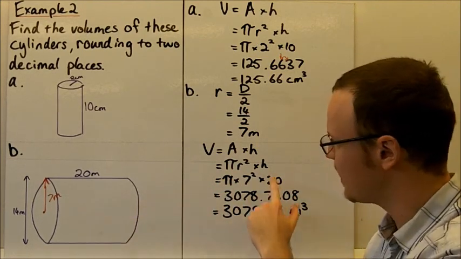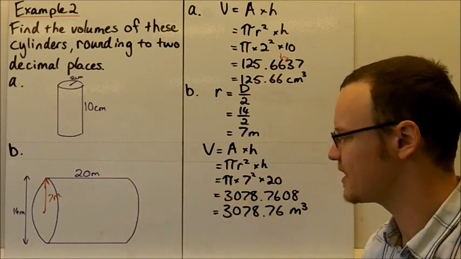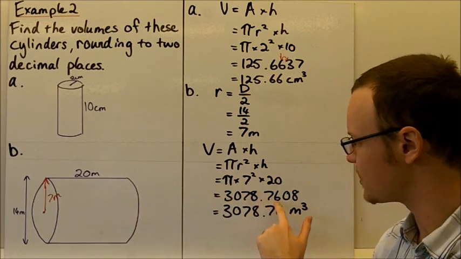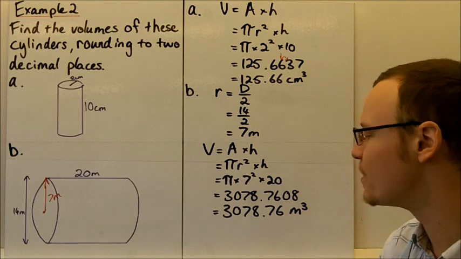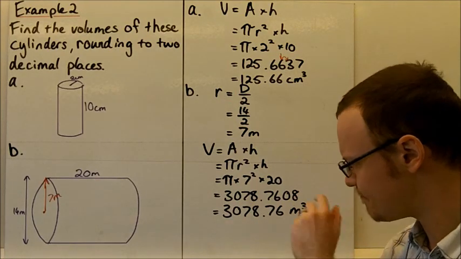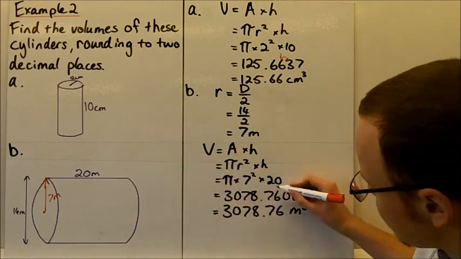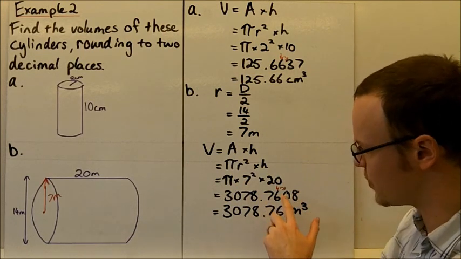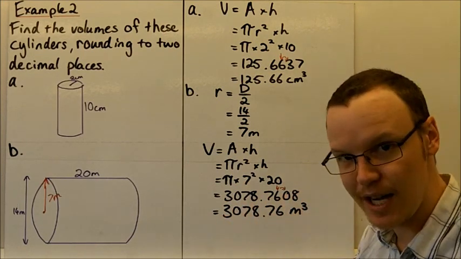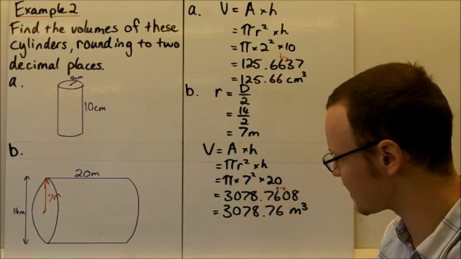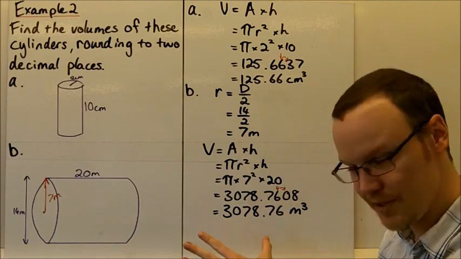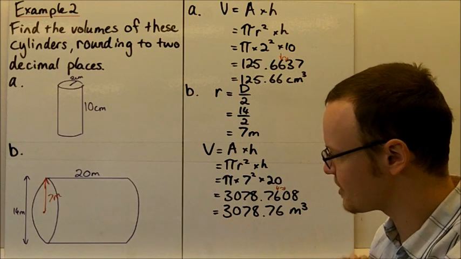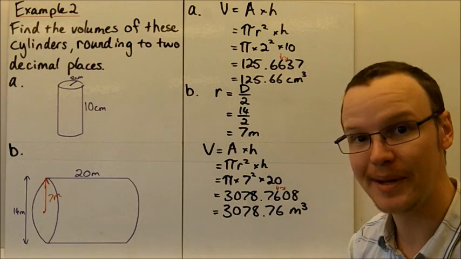R is 7 and height is 20. So that gives 3078.7608, and many more decimal points continuing on there. But we've been asked to round to the second decimal point. The number to the right of it is not high enough to round it up, so we're going to keep it as it is. So the rounded answer is 3078.76 cubic metres.